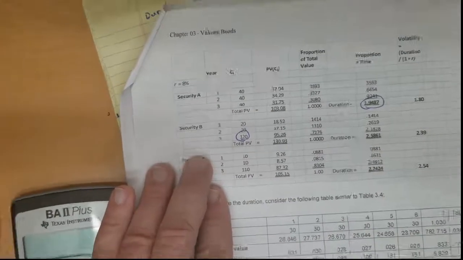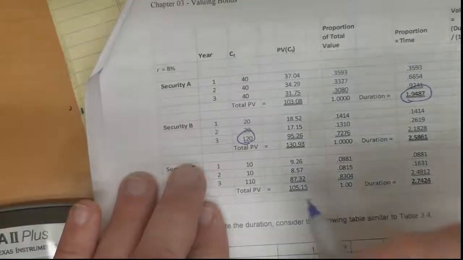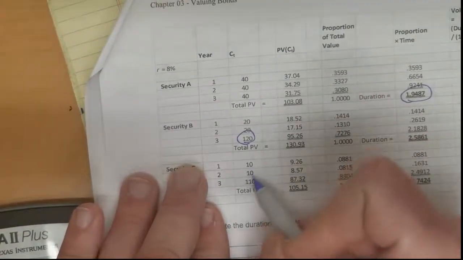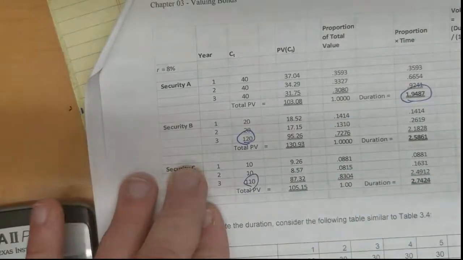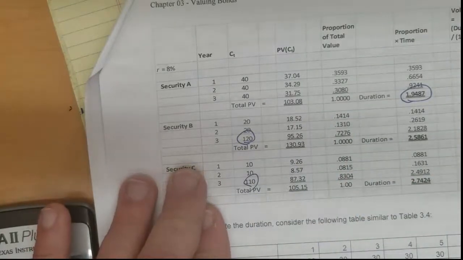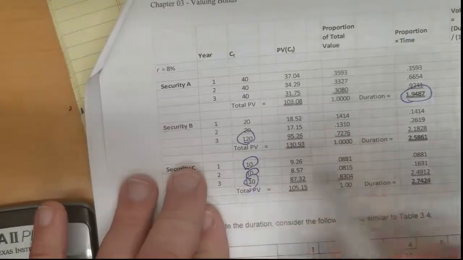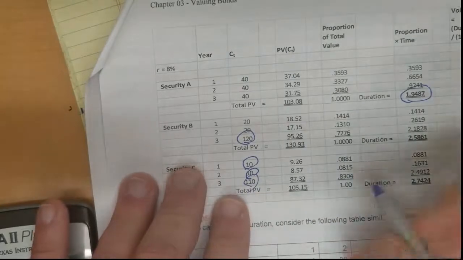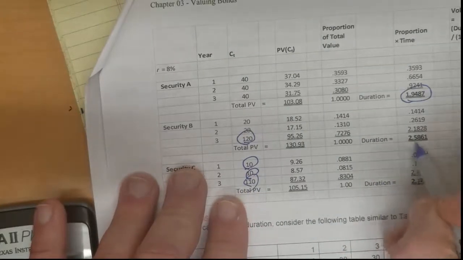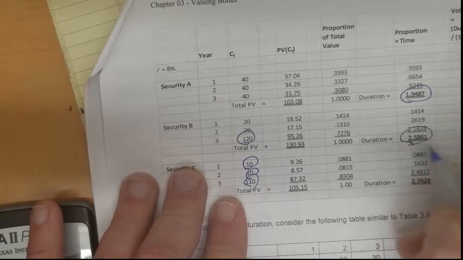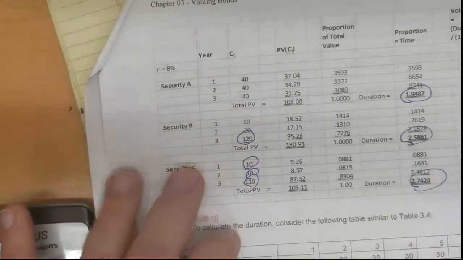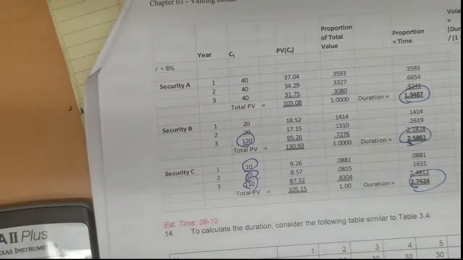Let me see if I can zoom in a little bit more here. And you've got the 10, 10, and 110. So in this case, you've got lower coupons, then you get a bigger payment right towards the end. Notice that the duration keeps increasing, so there's something to be said there.